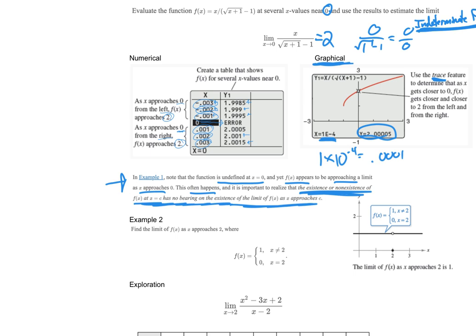What that means is the limit can exist when x approaches c, c is just a stand-in for some value, even if f of x does not equal c. Okay, so that's what that means in less mathematical terms.